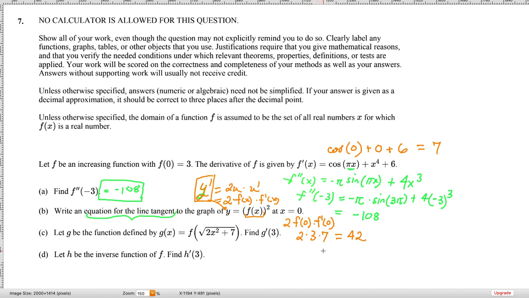Now I have the slope, and then this point, now, when I plug in 0 to get the y value, because I want another point, I want the y coordinate. So I have the x coordinate is 0. The y coordinate is f of 0 squared. But you should see that f of 0 is 3. So then 3 squared is 9, and 0 comma 9 is the point that I care about.